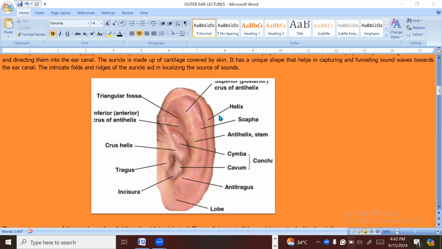Now, this is the helix. This is the crus of the antihelix. This is the antihelix proper. Then, opposite it is a depression that is upper, known as the cymba, and the lower one, known as the cavum.